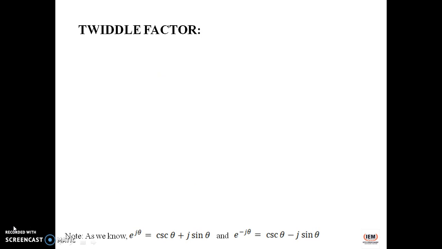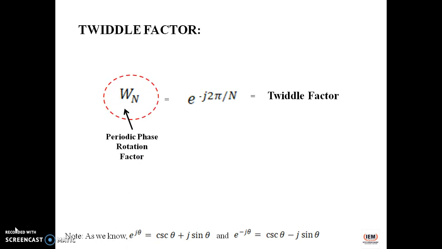So capital WN, now we write e to the power minus j 2 pi by capital N, which is also called the Twiddle factor, and we also call this capital WN the periodic phase rotation factor.